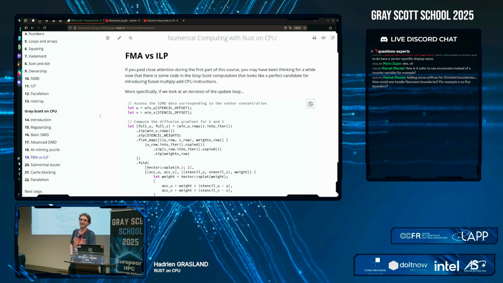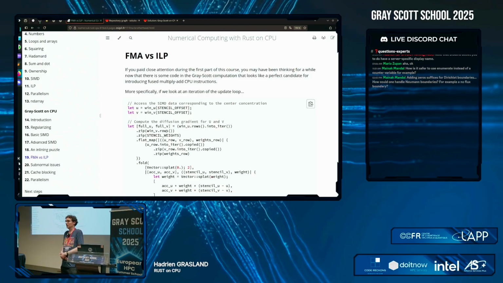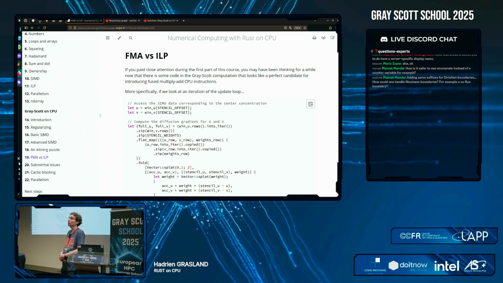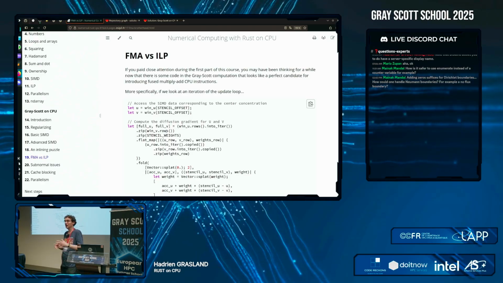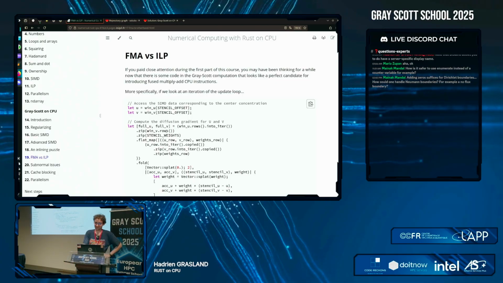That's life. But now we need to start focusing again on the other things our hardware can do, which we don't do yet. And here I'm going to focus on two particular things, which are fused multiply adds and instruction level parallelism. And as we're going to see, sometimes these things can be a bit at odds with each other.